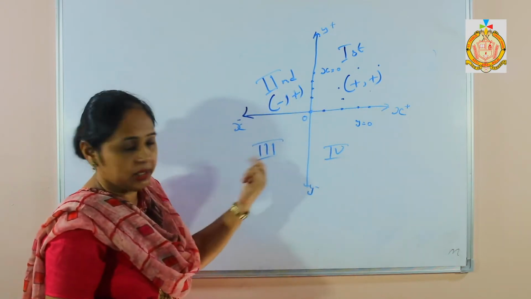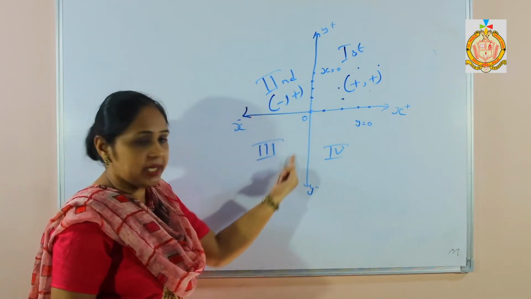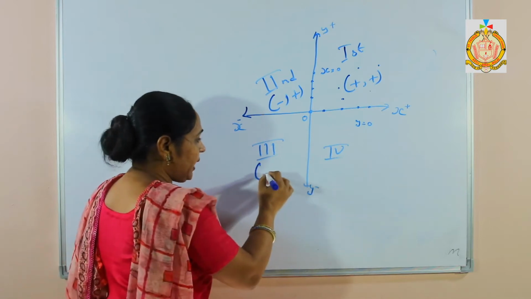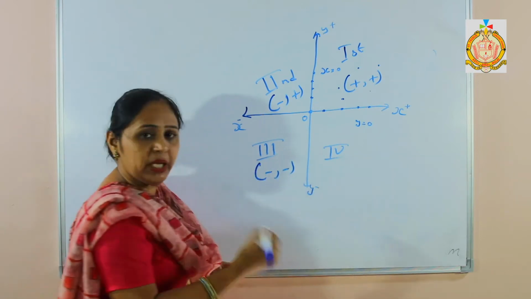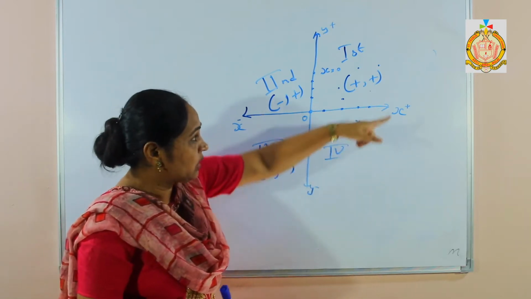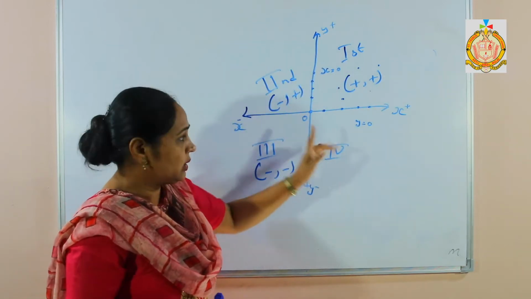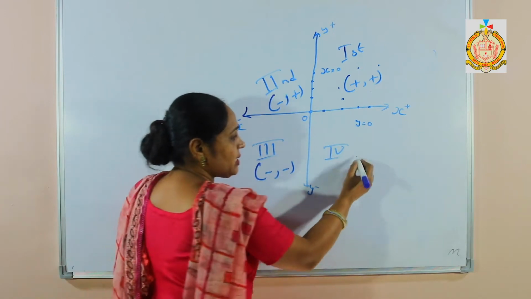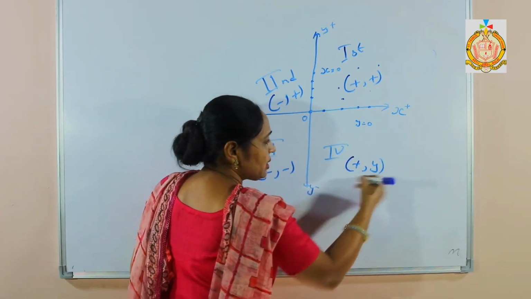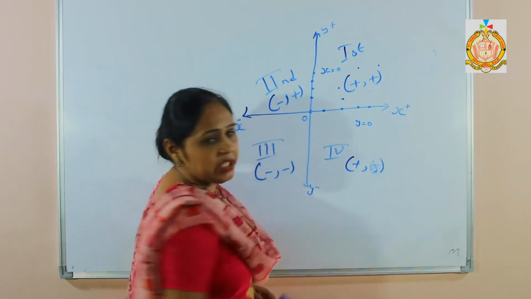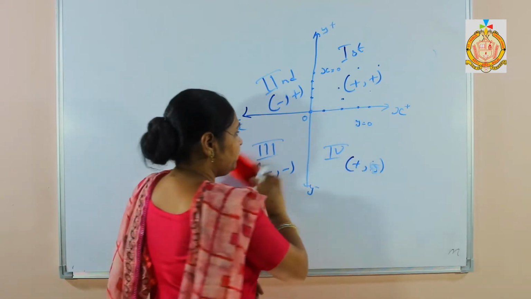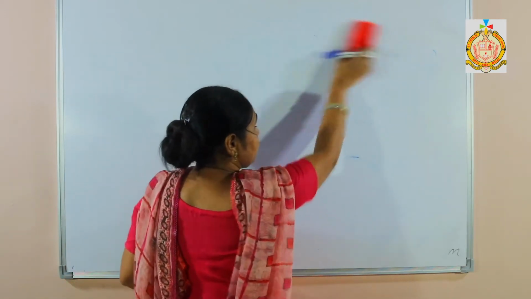In the third, x is negative, y is also negative. Now come to the fourth, going anti-clockwise. Here x is positive and y is negative. Now we come to the exercise.